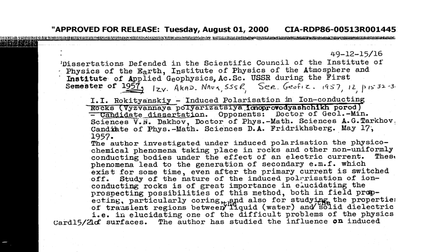34. In the Russian government document "Dissertations Defended in the Scientific Council of the Institute of Physics of the Earth," it is explained how in 1957 the USSR used magneto-electric oscillographs for experimental investigations into phenomena including earthquakes, explosions, and the scattering of light in Earth's atmosphere.